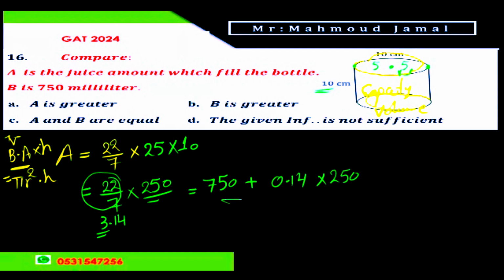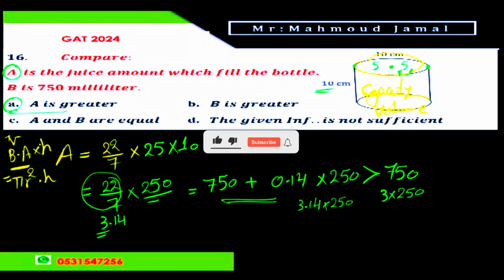So this one is greater than 750, because 750 is only 3 times 250. But this number is 3.14 times 250. Okay? So A is the greater, and A is the winner. Okay?